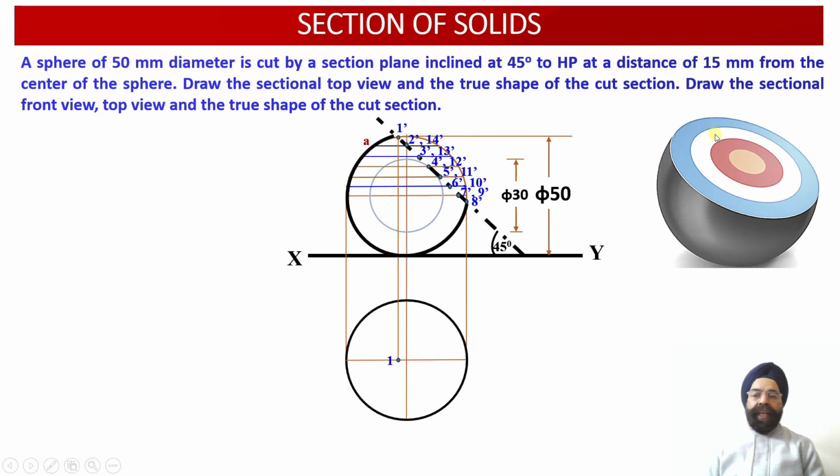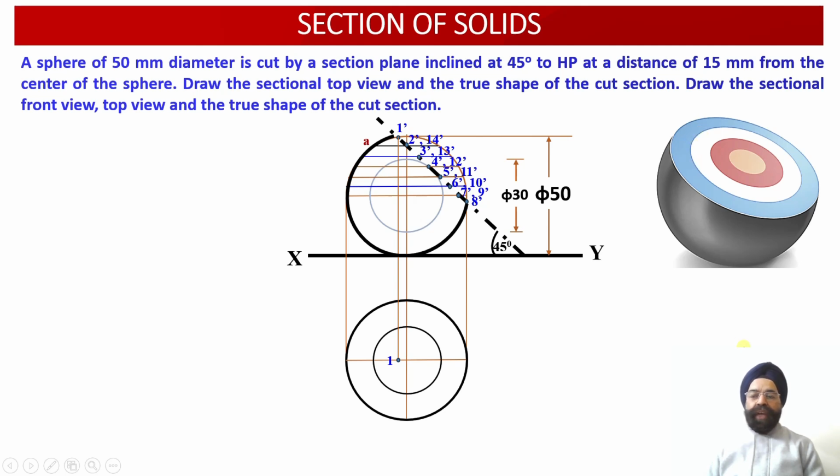So how do we obtain these 2 points in the top view projections? Now, we know the diameter of the ring corresponding to the location of this particular ring number 1 or slice number 1. We know the diameter of this slice or ring onto which these 2 points are located. Now we can check these 2 points, 2 dash and 14 dash, in this orientation. 1 point will lie here, 1 point will lie here.